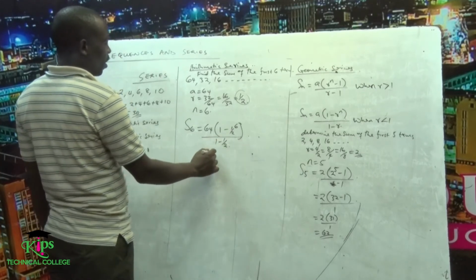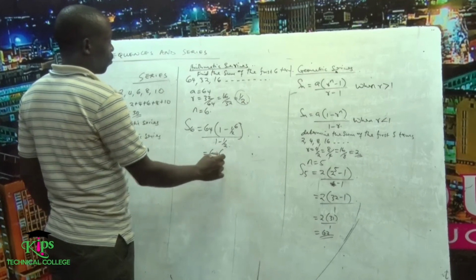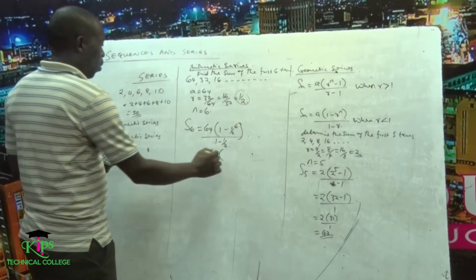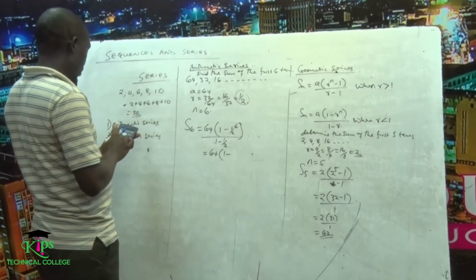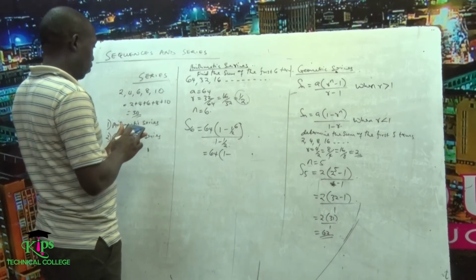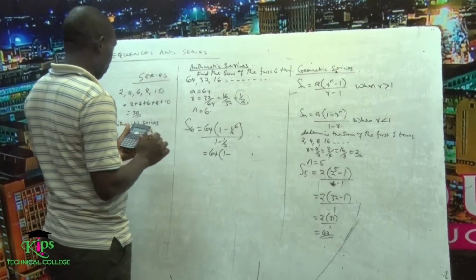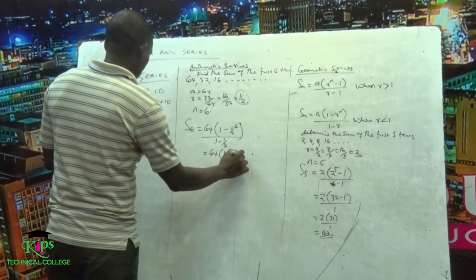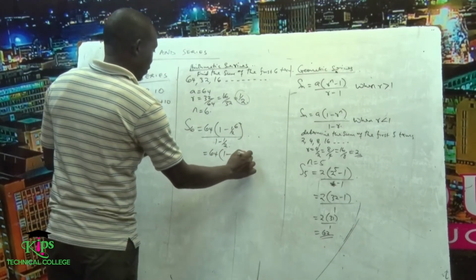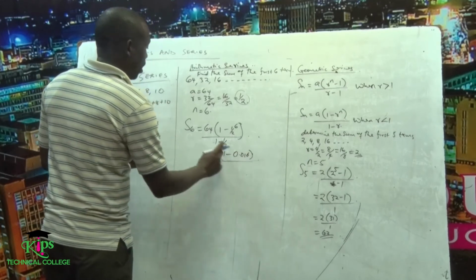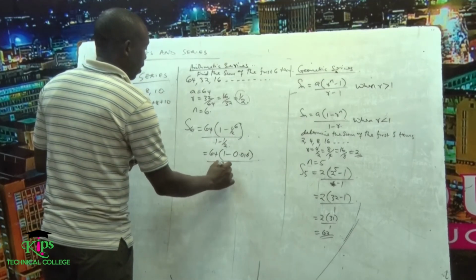In this case, we'll find it's going to be 64 into bracket 1 minus 0.5 raised to power 6, which is 0.016, divided by 1 minus a half, which is a half.